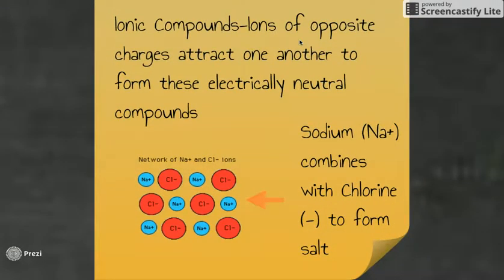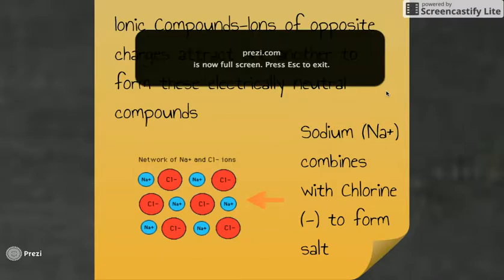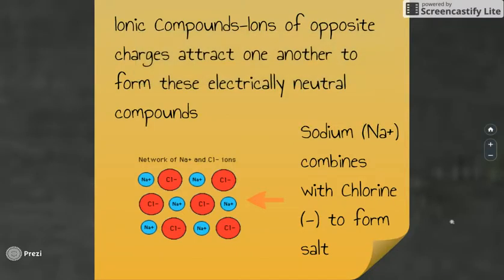When ions of opposite charges come together, the charges attract to one another to form a neutral compound. For example, sodium, a positively charged ion, combines with chlorine ion, a negatively charged ion, to form a neutral compound. And when these two ions come together, they form salt.